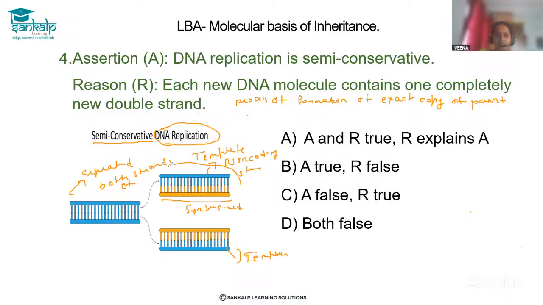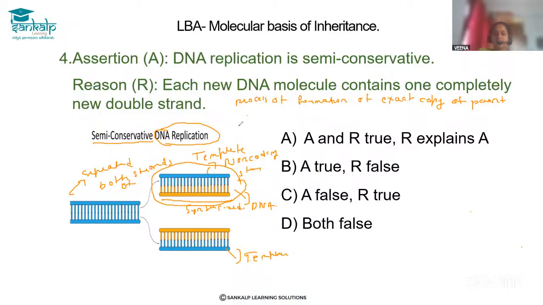So this newly synthesized strand and template strand together become DNA. This DNA will be similar to the parental strand. As you know, here it is the template strand. According to the template strand, the complementary strand will be synthesized. Okay. So that's why DNA replication is called semi-conservative.